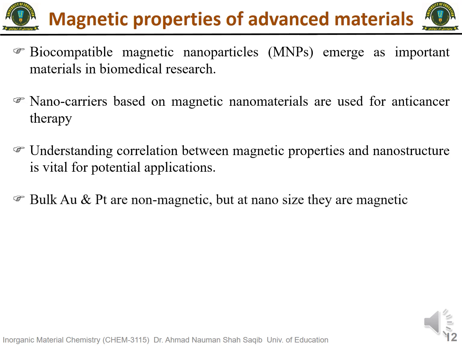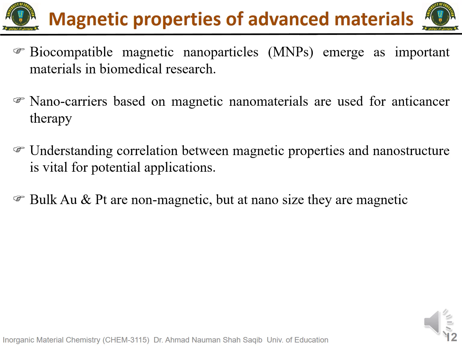For example, when we talk about platinum or gold, we know that they are diamagnetic substances, so they are non-magnetic. But there are certain applications in which platinum and gold can be really beneficial if they have magnetic properties, so we try to make them magnetic. There are different techniques for this, but one common technique is to reduce their size to the nano level.